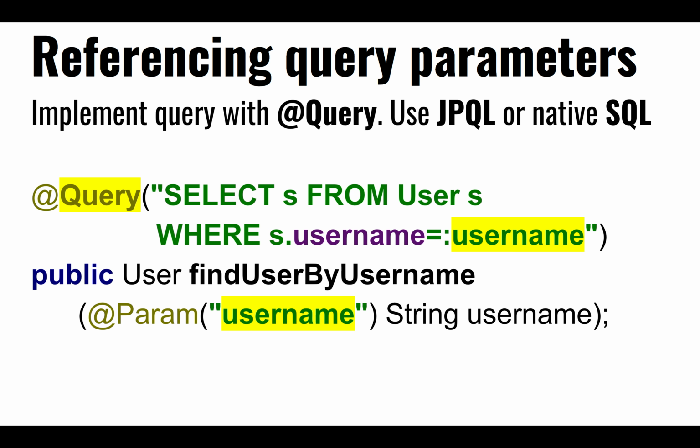So in the JPQL syntax here, we are selecting all S instances from objects, so all objects S that are of type user, where user is a class, not a table, right? Where the object's instance variable username is equal to some predicate.